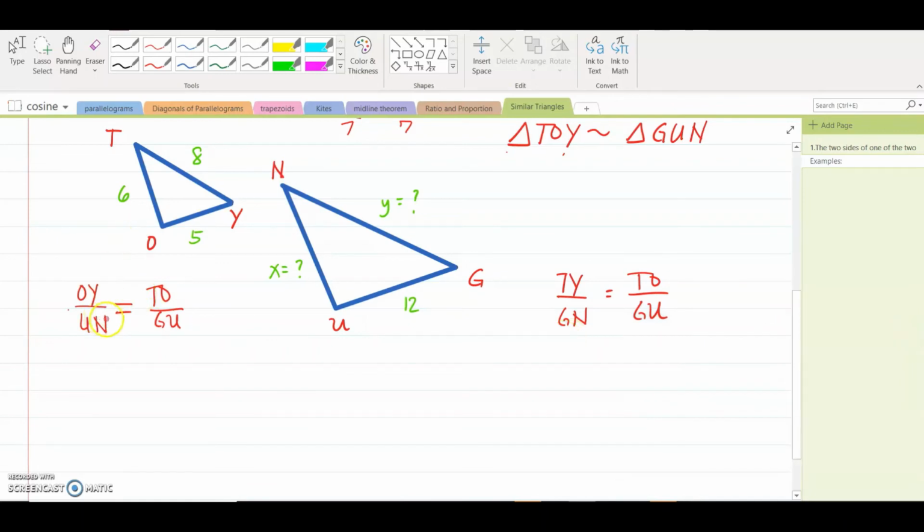So in this case we have the corresponding side to solve for. First we're going to solve for x.